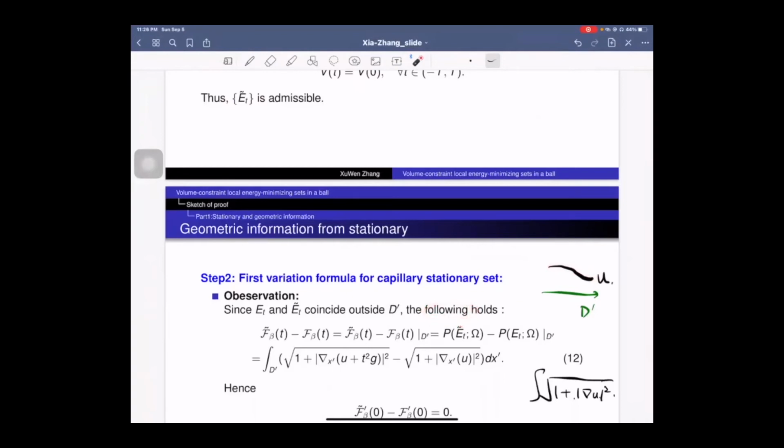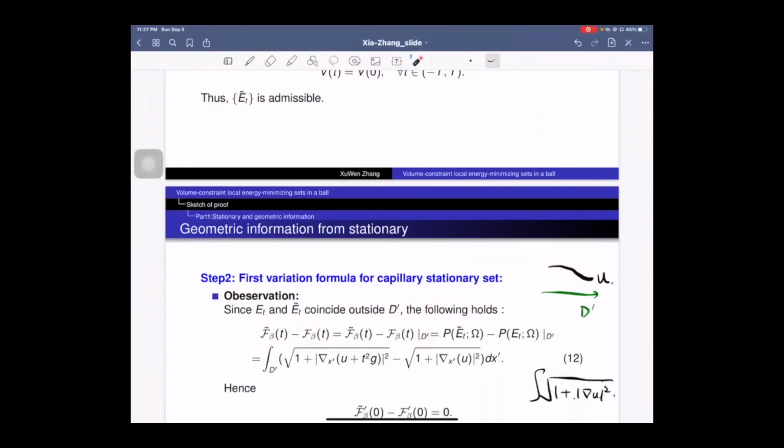The difference of the free energy at t is the difference of the free energy restricted to D prime, since we only do modification inside D prime and outside E_t and E coincide.